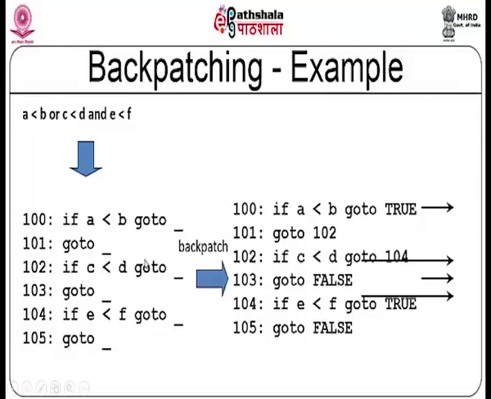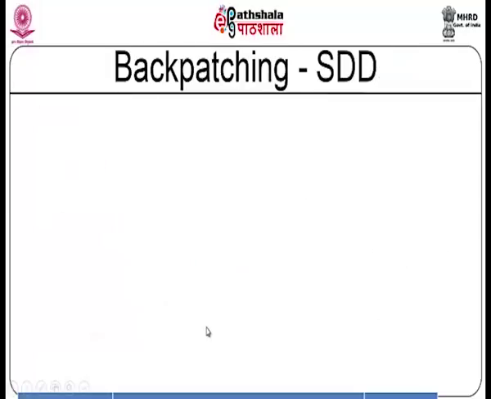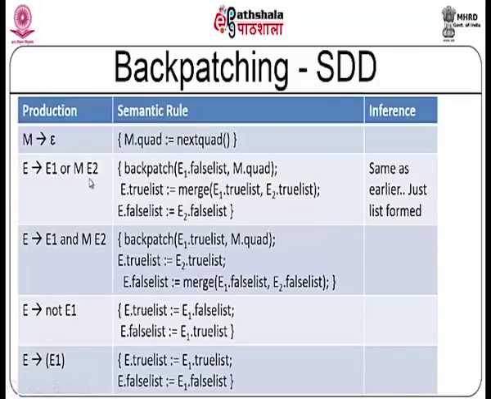In the second pass, using the backpatch technique, we will fill up the labels corresponding to the blanks which we have left in the first pass. We are going to insert one more non-terminal into the production of expressions involving E or E. So, here E produces E1 or M E2.